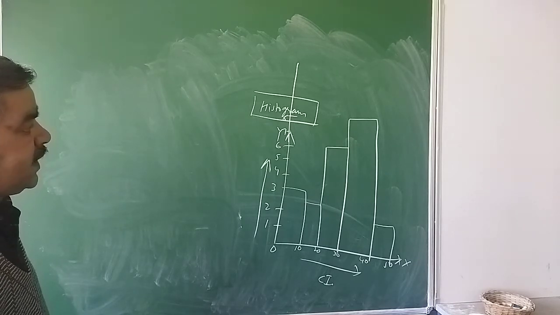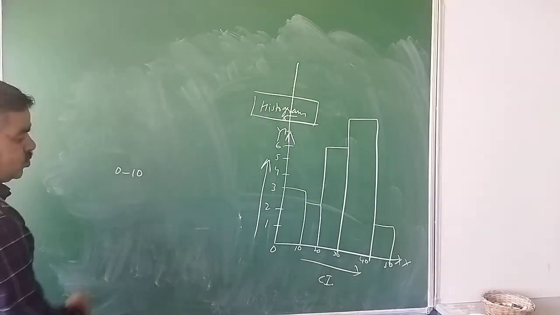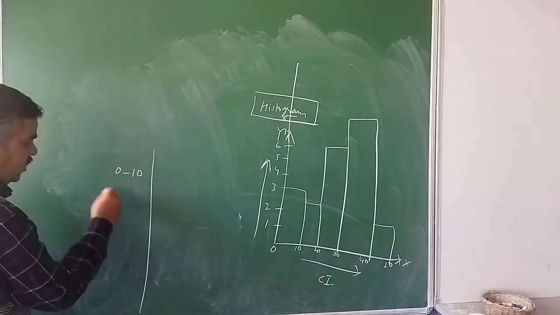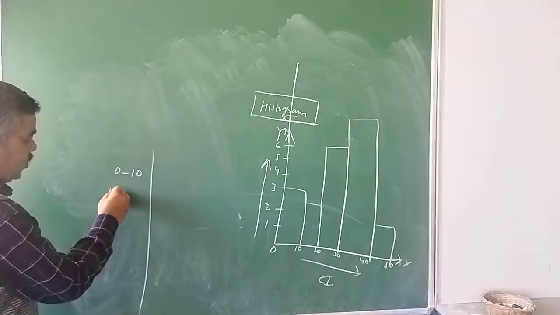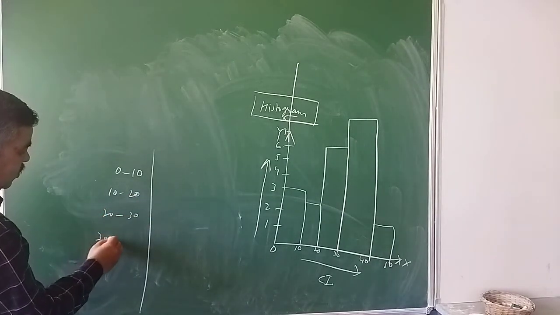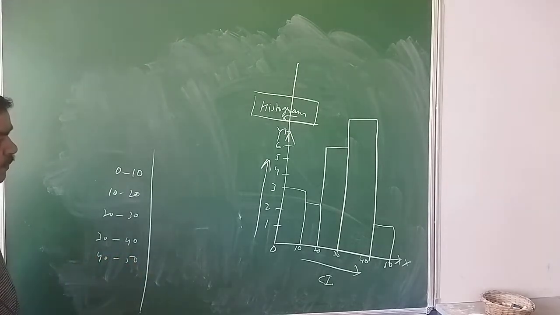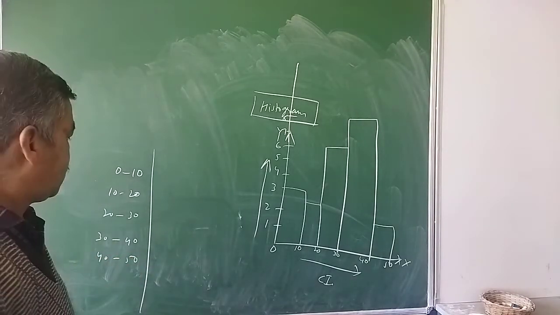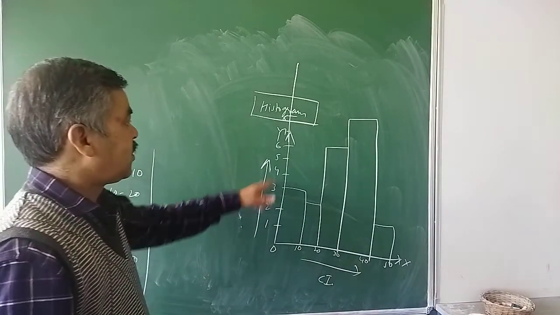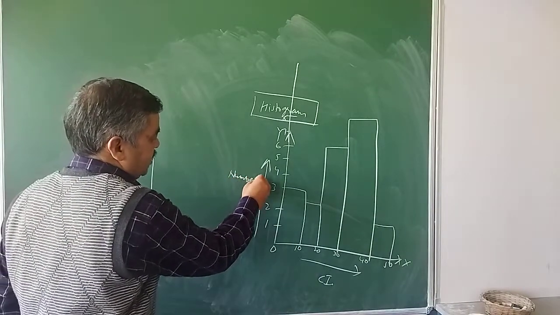I have made groups of 0 to 10, 10 to 20, 20 to 30, 30 to 40, 40 to 50. These are the marks, and these are the number of students.